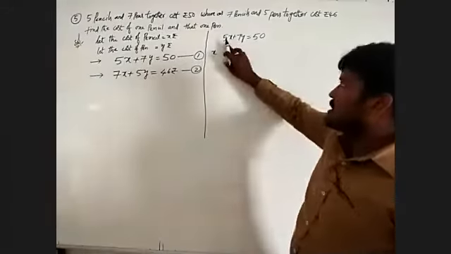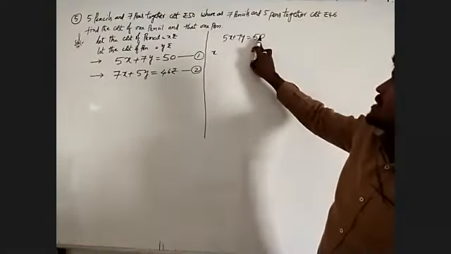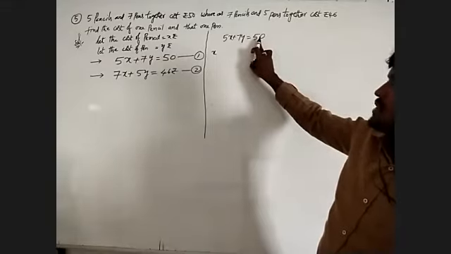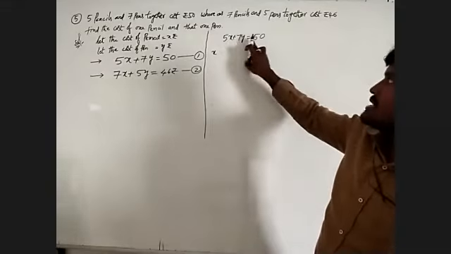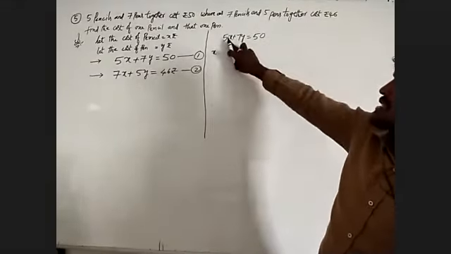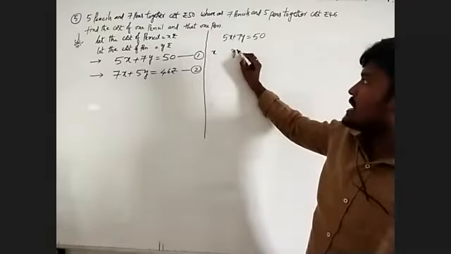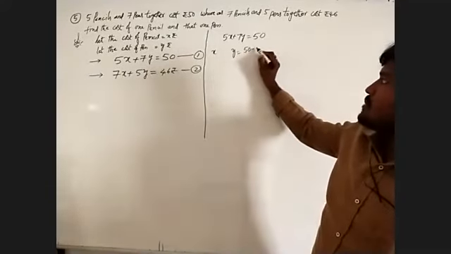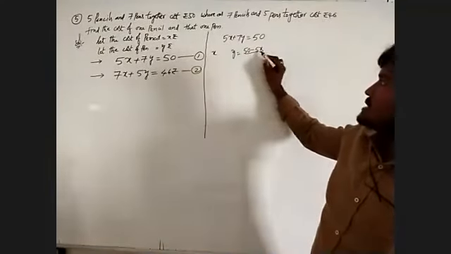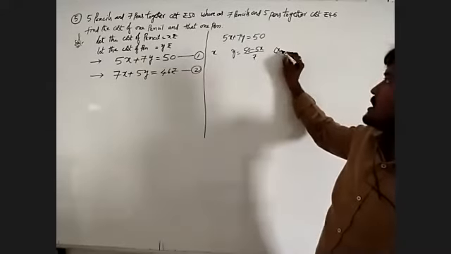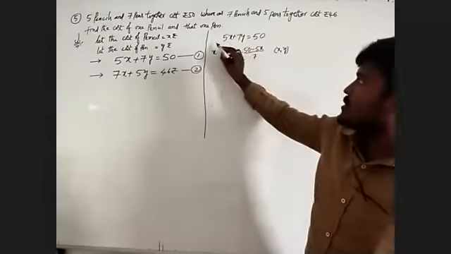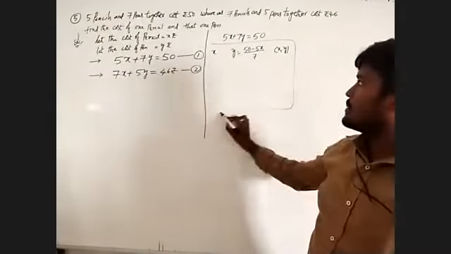We observe 5x plus 7y equal to 50, where 7y is equal to 50 minus 5x, so y is equal to (50 minus 5x) by 7. After that the value is x comma y. We have to draw a table.